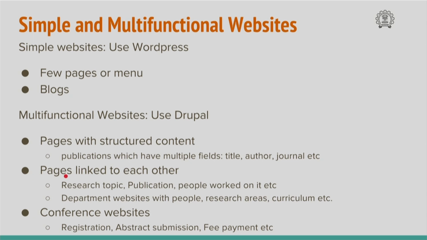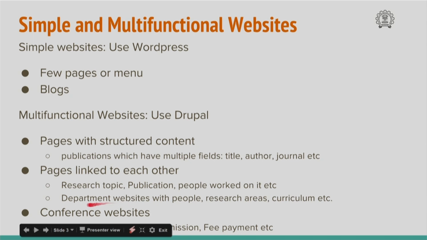We could also have pages linked to each other. For example, a research topic could list only those publications which are related to that research topic and only those people working on that topic, etc. So these are independent pages but are linked to each other. A more complex example would be department websites.